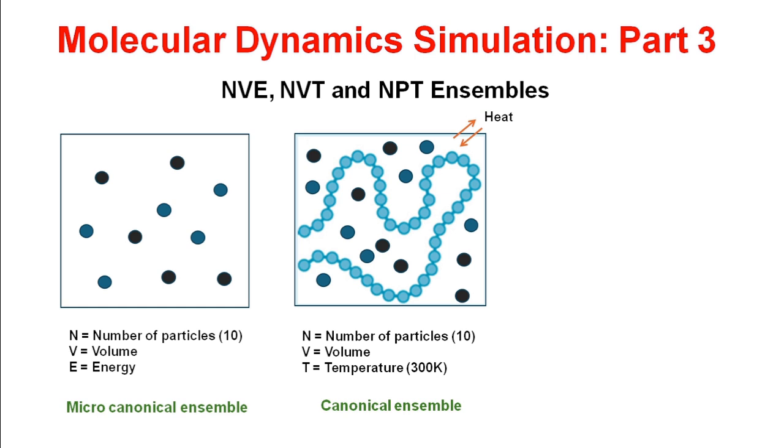A thermostat is a kind of algorithm which keeps the temperature constant by allowing heat exchange with the surrounding environment. How does the thermostat do it? It simply scales the velocities of the system so that we adjust the kinetic energy and consequently the temperature.